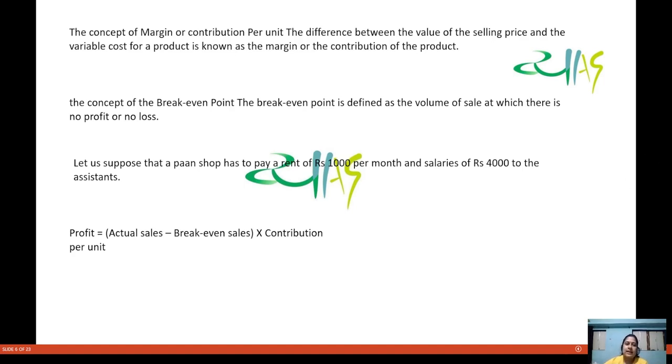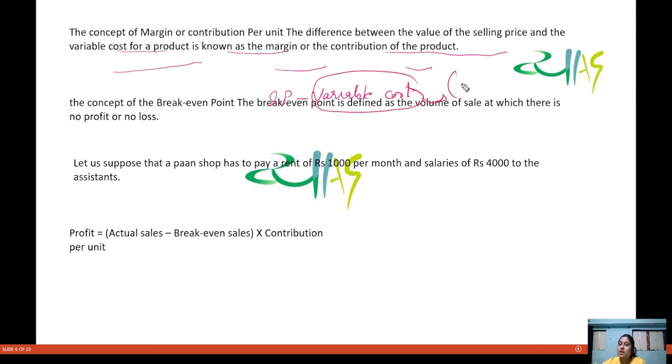Now let us understand the concept of margin. The concept of margin, or contribution per unit, is the difference between the selling price and the variable cost for a product. So selling price minus variable cost. Now what was variable cost?